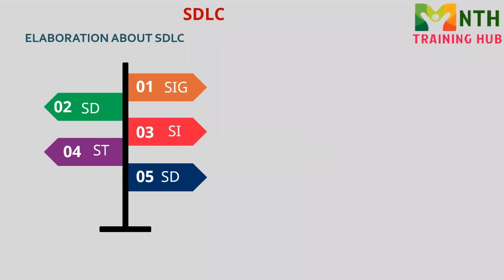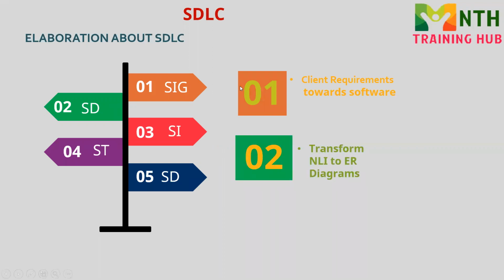Now, just elaborating on what exactly happens at each stage. At the first stage, client requirements for the software are collected. At the second stage, the natural language information given by the client is converted into ER diagrams, and then the design documents are converted into code.